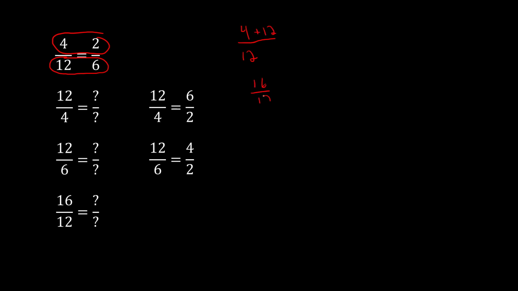So now we have 16/12. Well, for the other ratio, I need to do the same thing, where I had 2 over 6, but now I need to add this denominator as well. So now I have 2 plus 6 over 6. That would give me 8 over 6 for the other ratio. So that would be my answer for the last one. 16 over 12 would equal 8 over 6.